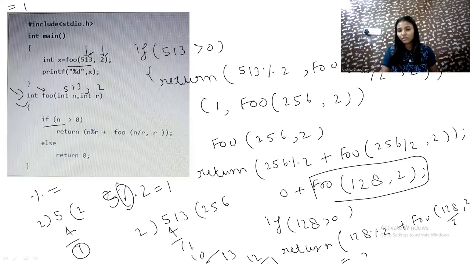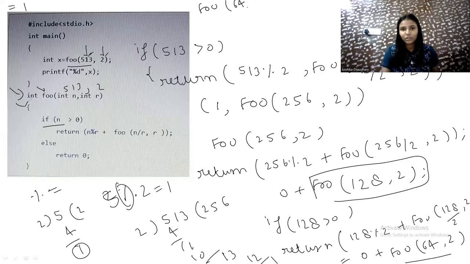So we get 0 here, plus we call again. Let's divide 128 by 2: 2 6s are 12 and 2 4s are 8, so 64 will be the result. Now again we are calling it, so I'm writing here foo of 64 comma 2. I hope it is clear to you.